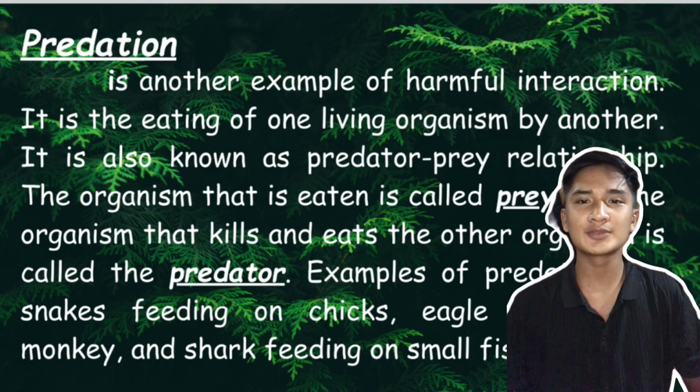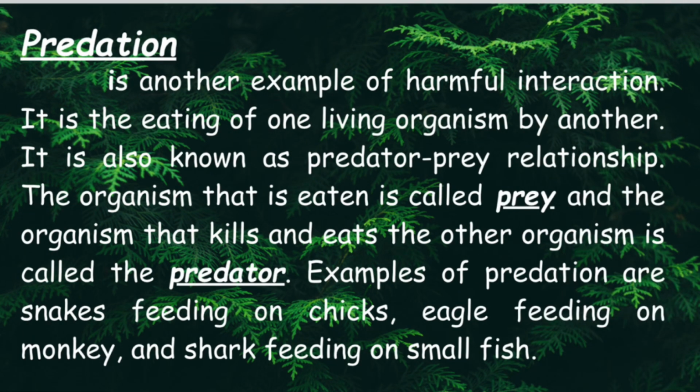The second one is predation. Predation is another example of harmful interaction. It is the eating of one living organism by another. It is also known as the predator-prey relationship. The organism that is eaten is called the prey, and the organism that kills and eats the other organism is called the predator.